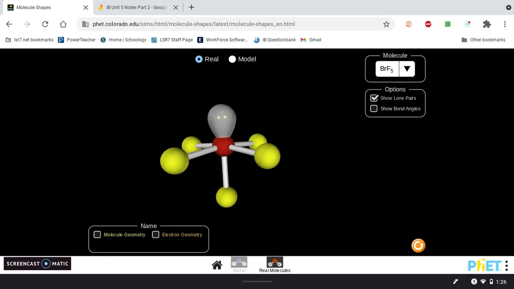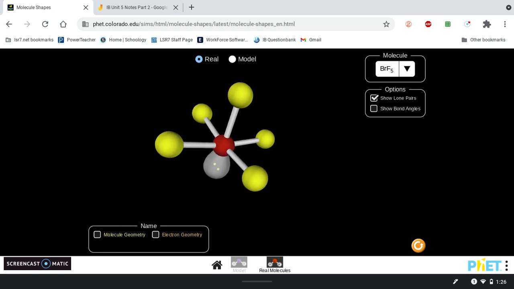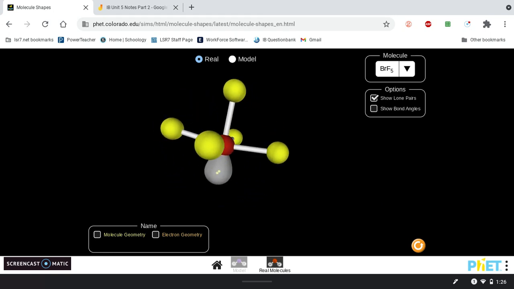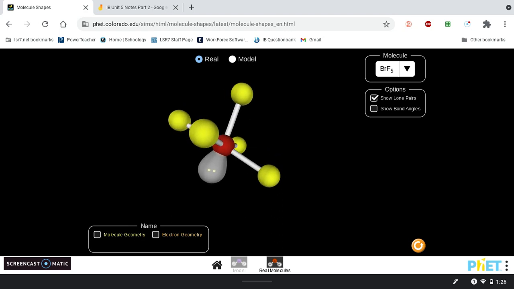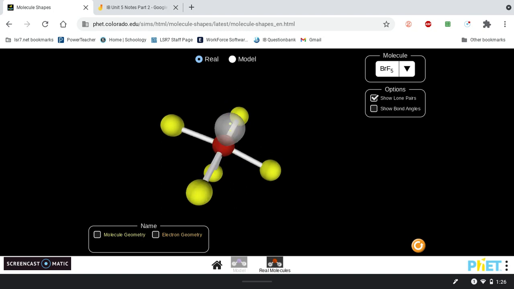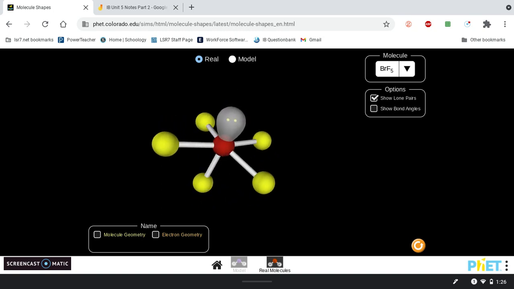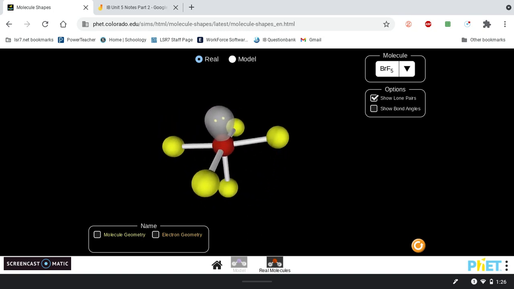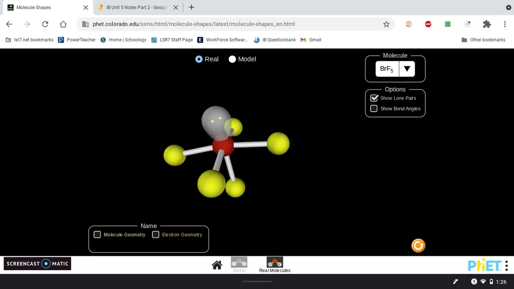And here we go. There's our square pyramidal. You can pull on them, but it does bounce back. So once again, why is it square pyramidal? Once again, 6 electron domains.